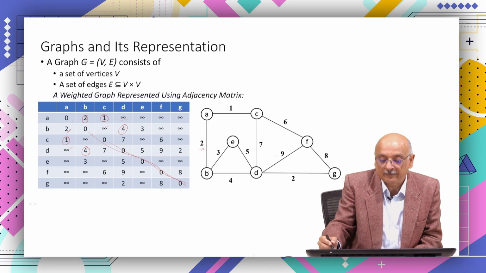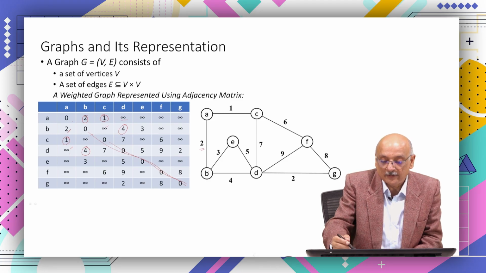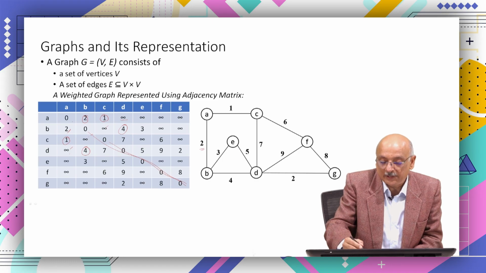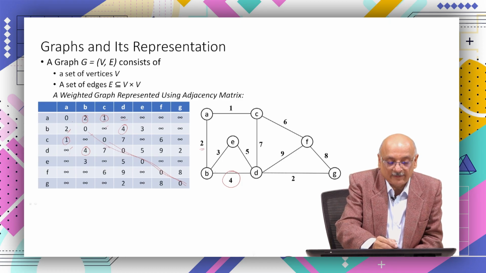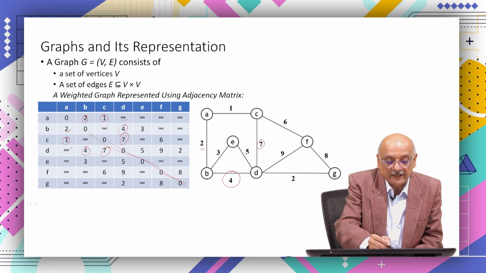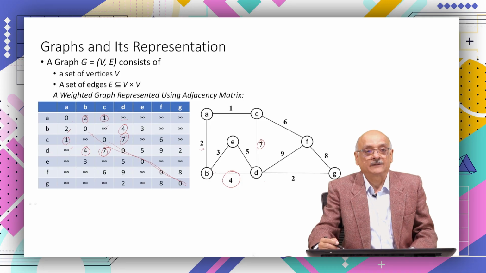And that 4 refers to the edge from B to D. So you can refer to this 7 as well, which refers to the typical edge C to D, or D to C, which are the same edge.